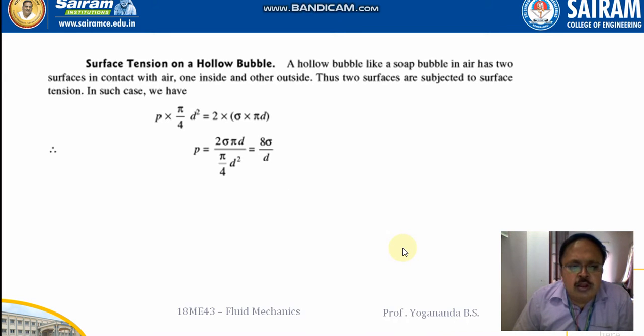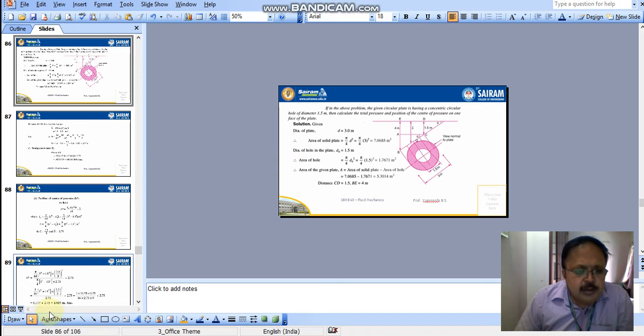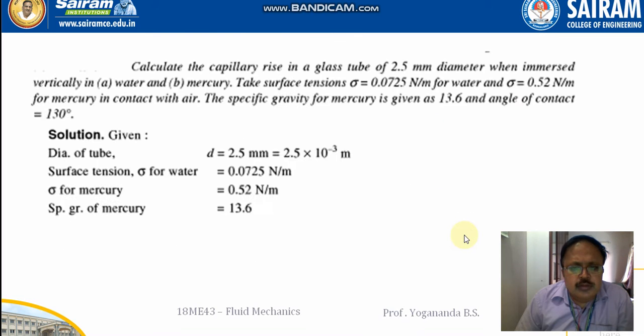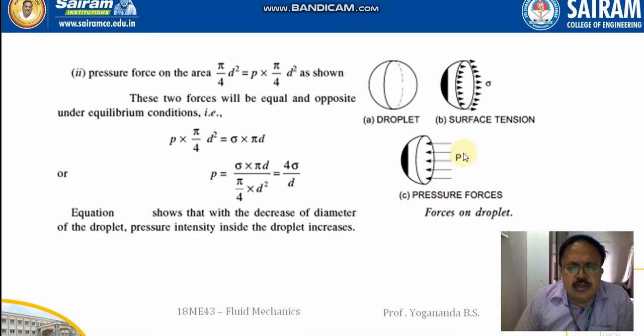Now we have the hollow bubble. If you take the case of the soap bubble, the water droplet has some thickness, but the soap bubble is very thin, so we don't have any differentiation between the inner area and the outer area because it is very thin.